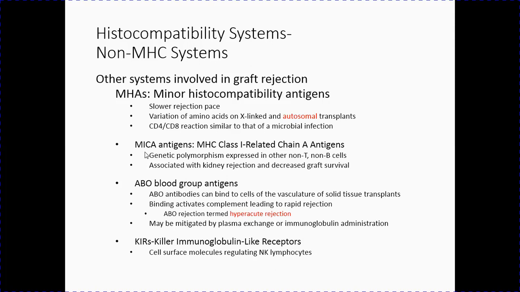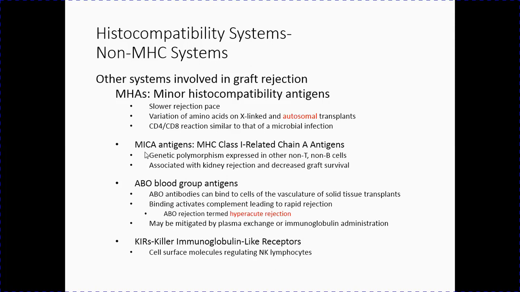This rejection by ABO antibodies is termed a hyperacute reaction. It's a very fast reaction, just as if it was a blood transfusion reaction, very quick. Maybe not 100% as quick as that, but it can be. What can they do if they happen to have an ABO antibody that's reacting with the recipient?